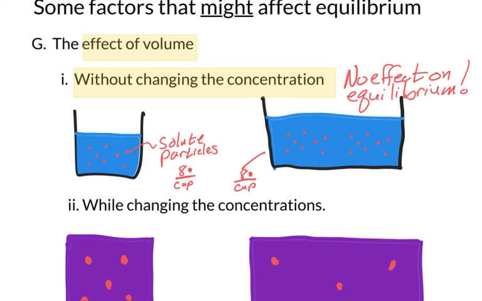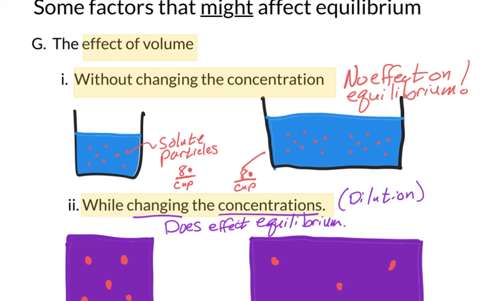On the other hand, if we change the concentration while we're changing the volume, by either adding more of the solvent, like water or air or whatever it is, or by removing some of the solvent, so we're changing the concentration, which also changes the volume, then we can see that there will be an effect on equilibrium.